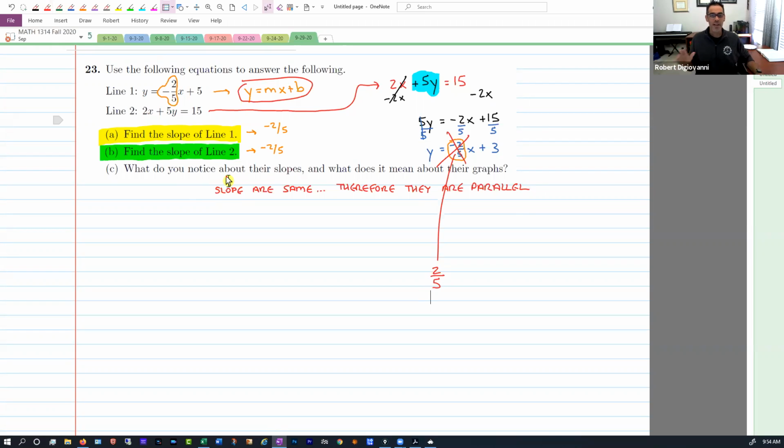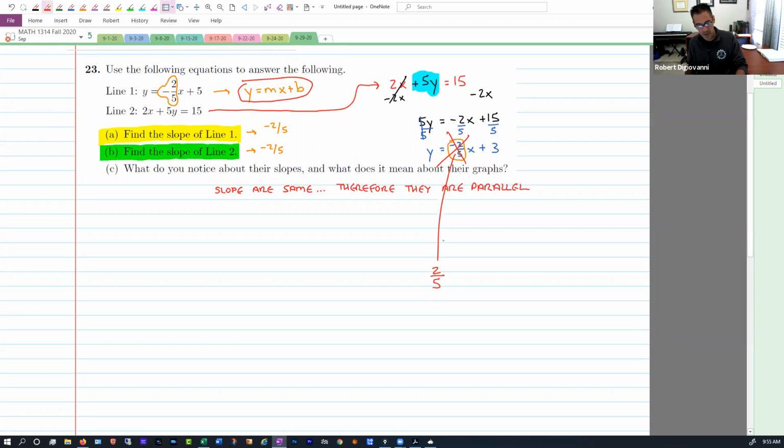Exactly. So if they're not exactly the same, right, then they're not parallel. To be perpendicular, they have to be different in sign, but they also have to be reciprocals. So 2 over 5 means that these lines would be neither parallel nor perpendicular.